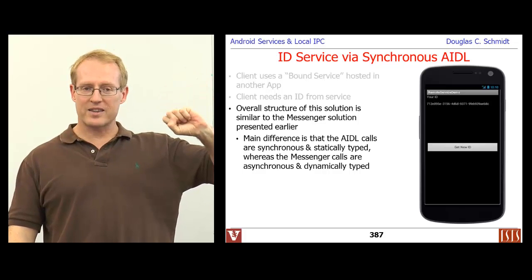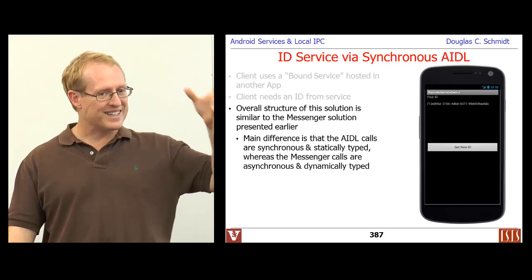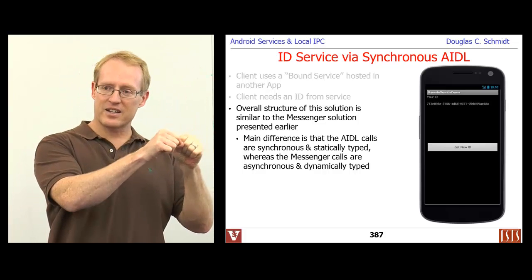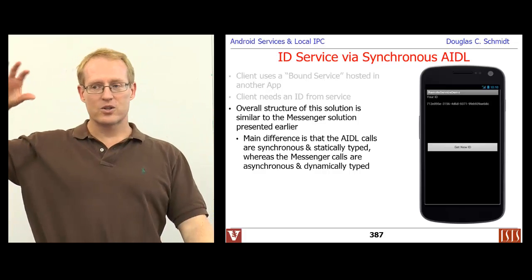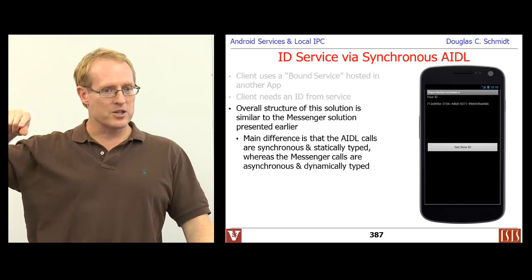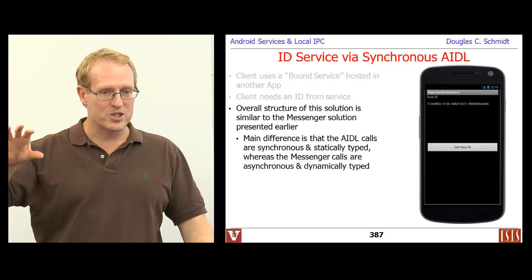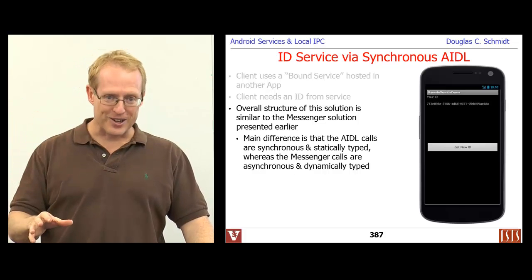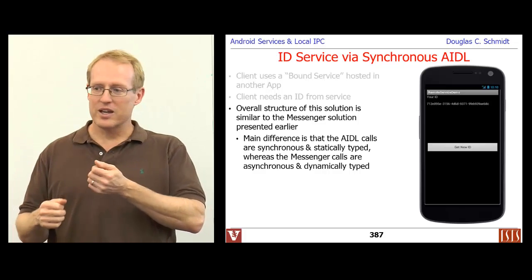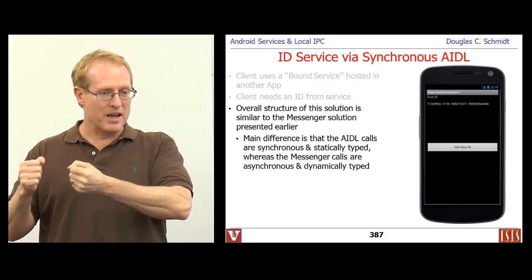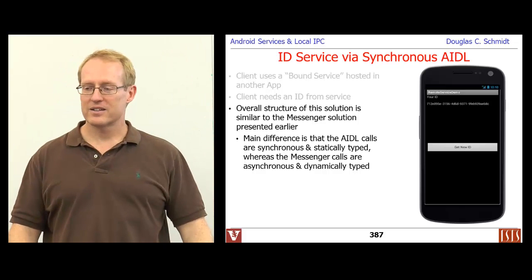The client got this, which by the way was a messenger, through its onServiceConnected hook method. It converted it into a messenger again, and then used that to send a message to the service. When the service got the message, which would come in through its event loop via a call to the handleMessage hook method on the handler, it would then do whatever it wanted to do. Optionally, if you had set it up for two-way communication, you could then extract a messenger from the message you got and call send to pass the reply back to the client.